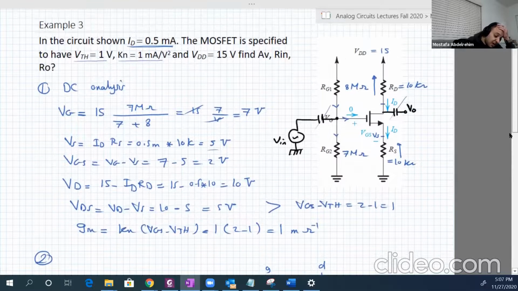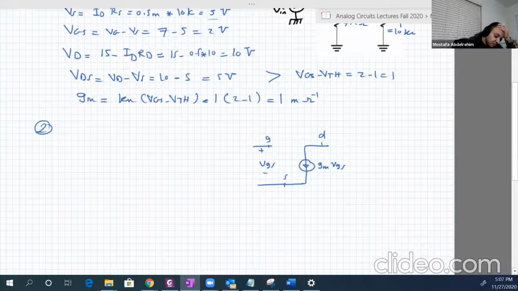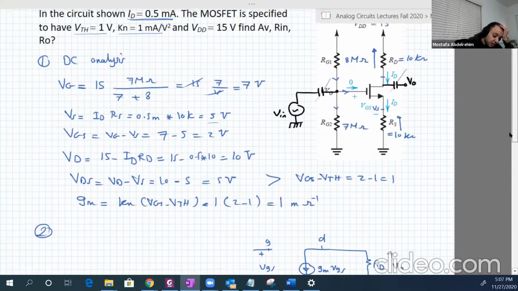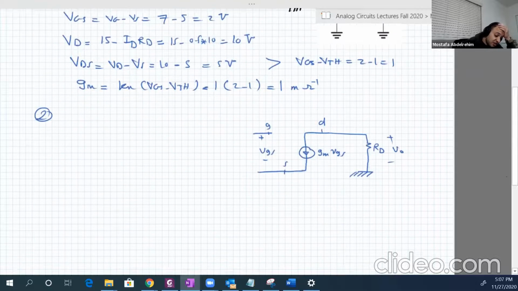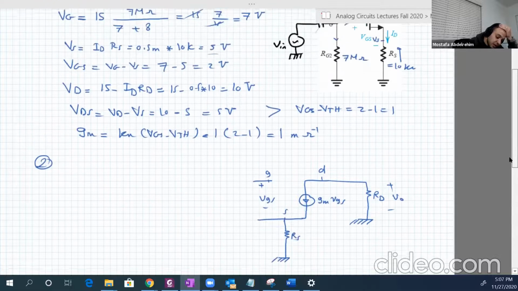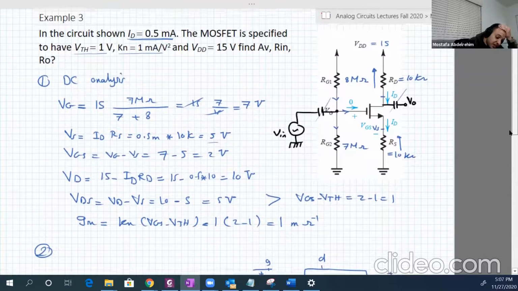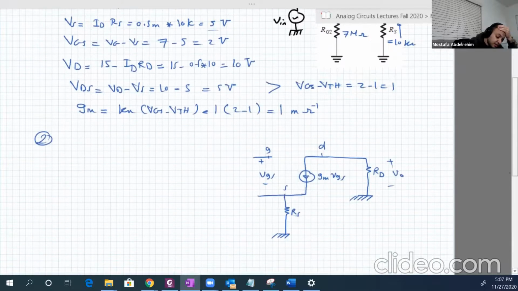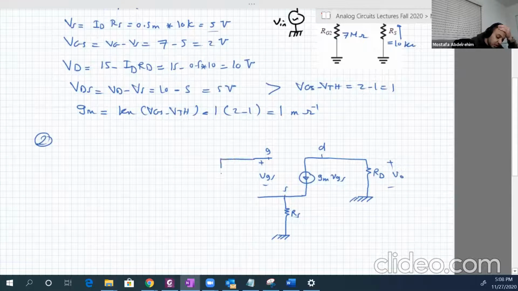Between the drain and the ground there is RD, and here is VO between the drain and the ground. And between the source and the ground there is a resistance RS. And between the gate and the ground there are RG1 and RG2 in parallel, so I will call them RG.